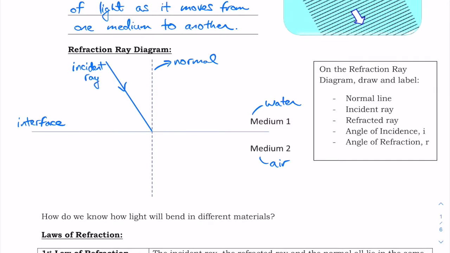We'll label our angle of incidence. I'll use an I for that. And remember, we always measure the angle with respect to the normal. In this particular case, as light goes from water to air, it's going to bend away from the normal. You'll see this below.